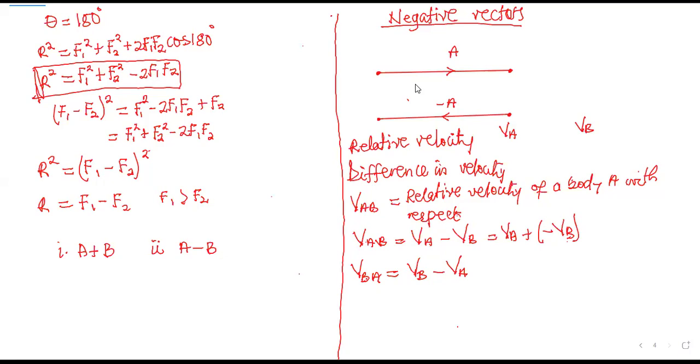Okay, so let's see. The two vectors A and B are, in terms of magnitude, the magnitude of A is equal to the magnitude of B. They are 10 units.